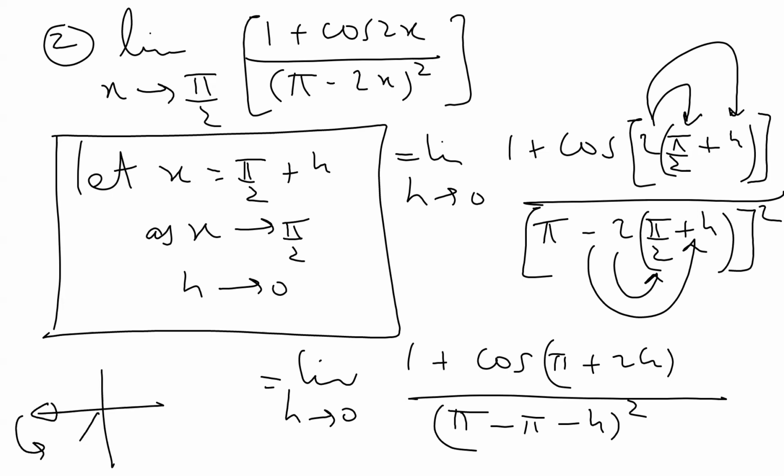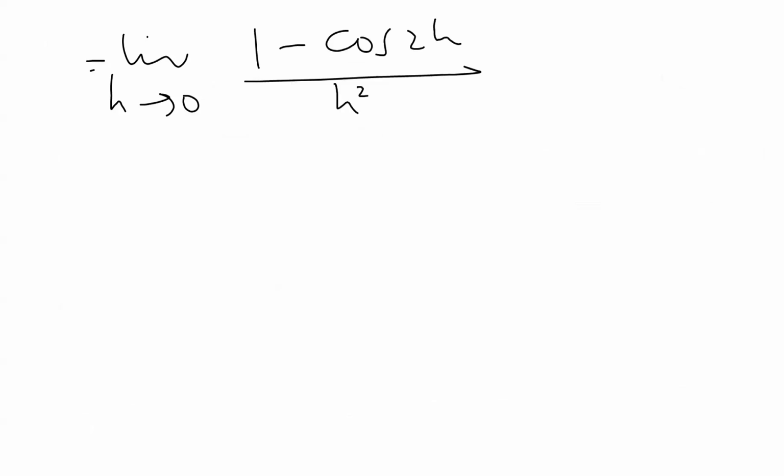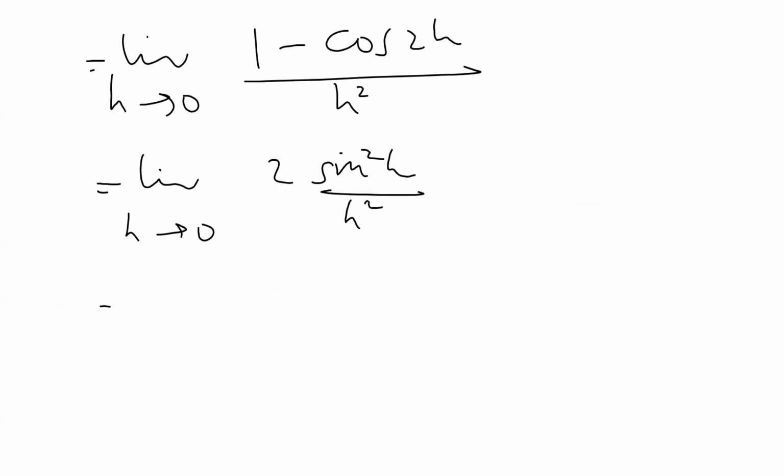So cos pi plus 2h is minus cos 2h, and this pi and pi is getting cancelled. So this is minus h the whole square, which is h square. So limit h approaching 0, 1 minus cos 2h upon h square. 1 minus cos 2h is 2 sin square h as per half angle.